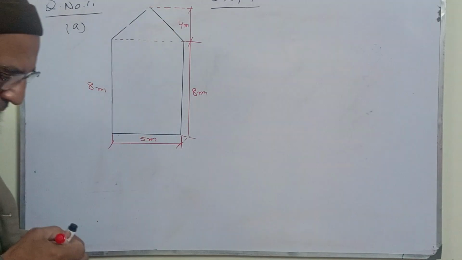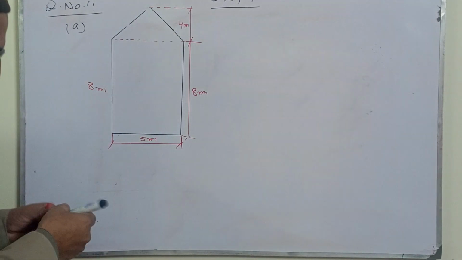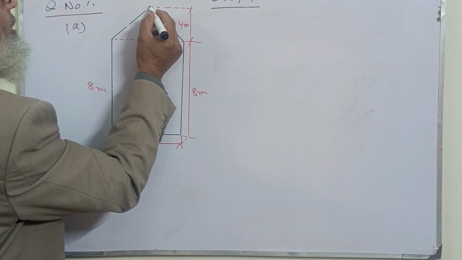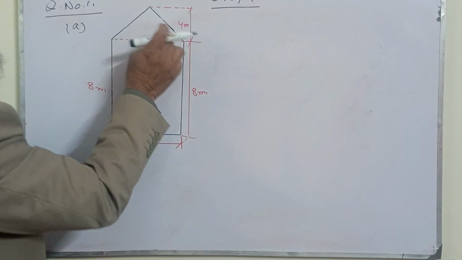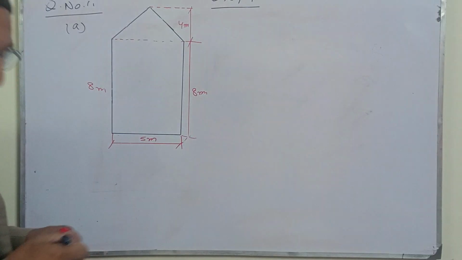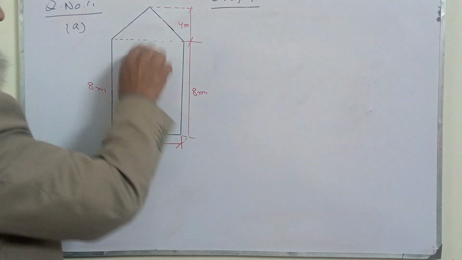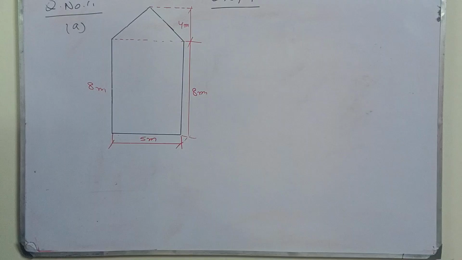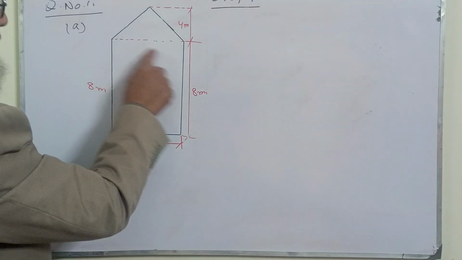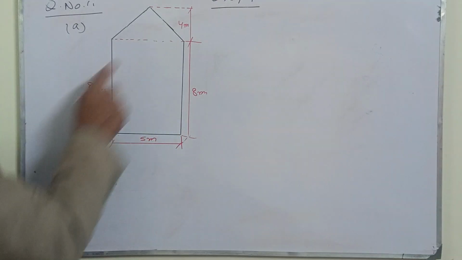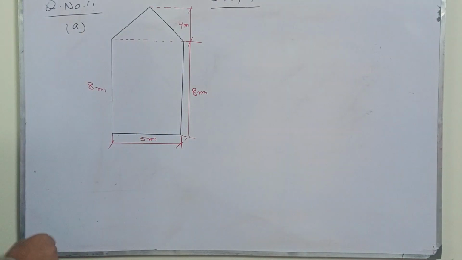So I can easily divide this figure into two smaller or different shapes. Number one is the rectangle and number two is this triangle.